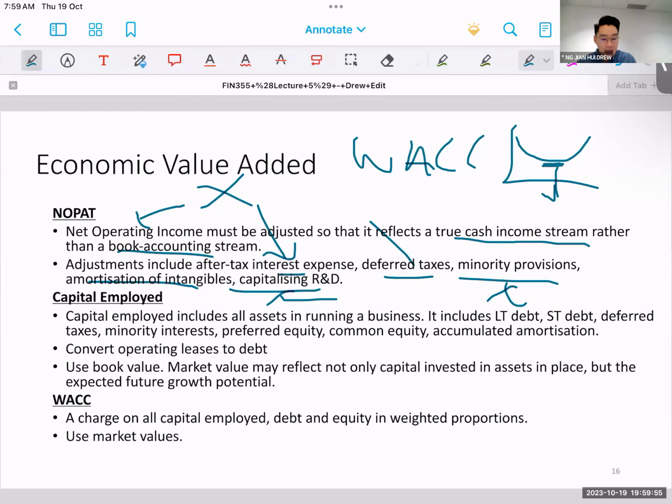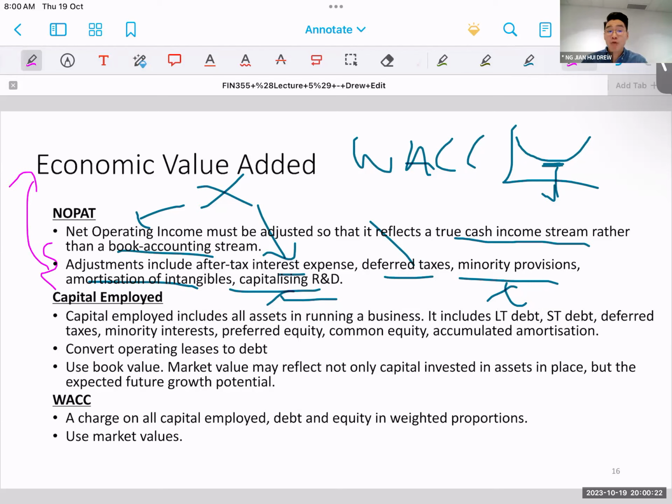And I want to again highlight to you that these are the recommended adjustments but there can be a list of other adjustments. You can think about adjustments such as your leases, right? Operating leases, they're not relating to the operations of the business, right? But then they impact your P&L in the sense that they are treated as expenses.